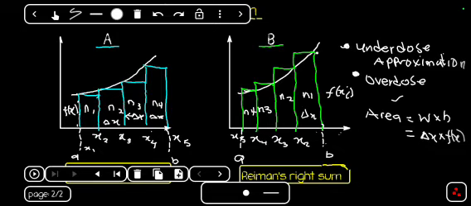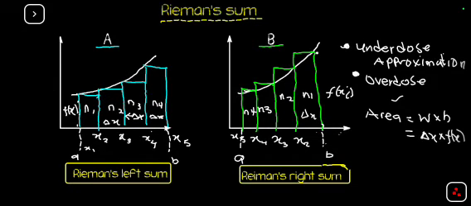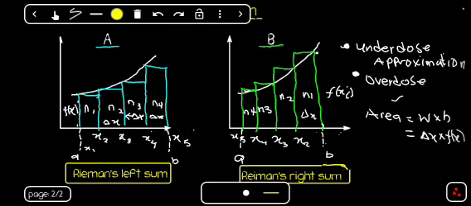So we ignore x5 for the Riemann's left hand sum. We only do x1, x2, x3 and x4.